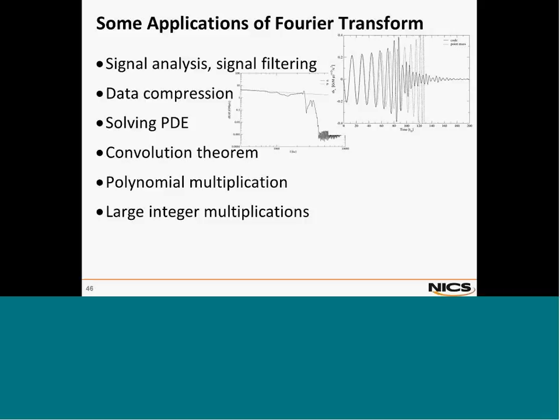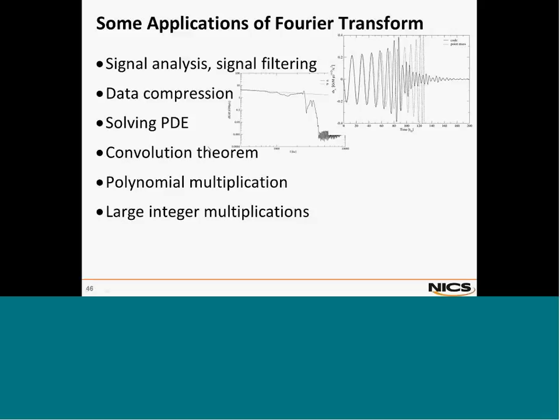Fourier transform is used for signal analysis and signal filtering. You can, for example, transform a signal to frequency space, and by doing that, you know the components that build the signal, and that allows you to filter, for example, the higher frequency part or the low frequency part. After you take that out, you transform back to real space.